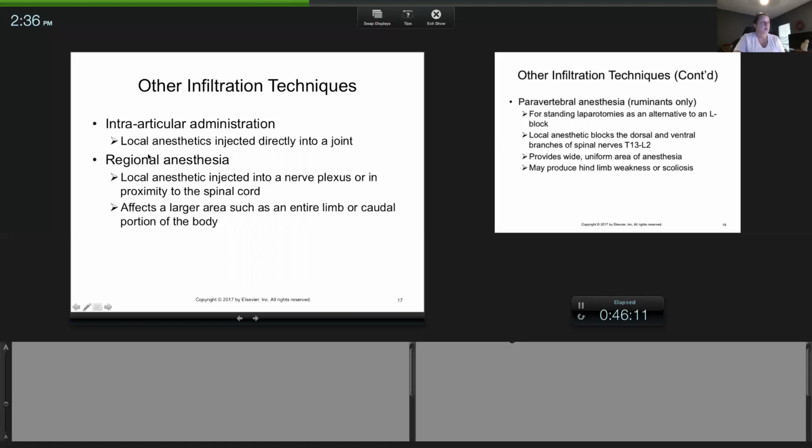Now, if we're going to talk about a region, we're usually talking about blocking a trunk that has more roots. So, for example, if we put it in a nerve plexus or near the spinal cord, then you're going to block a larger area. If you remember when we did dissection, I had you dissect the brachial plexus.